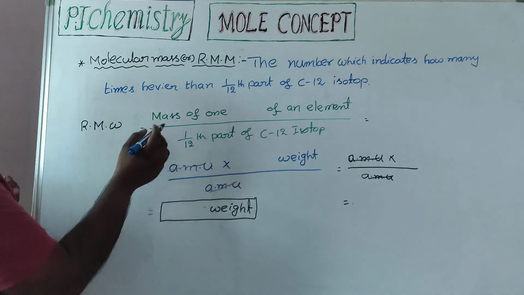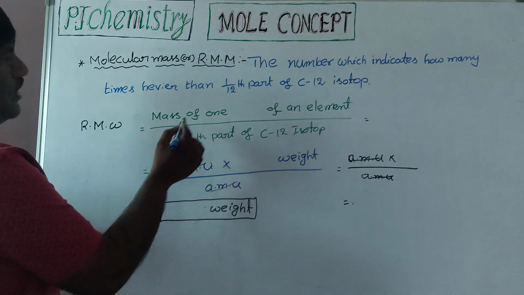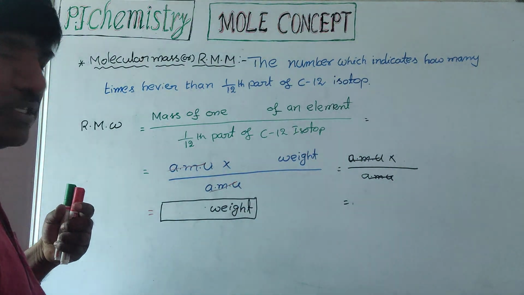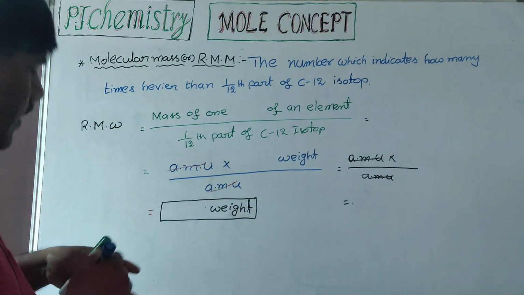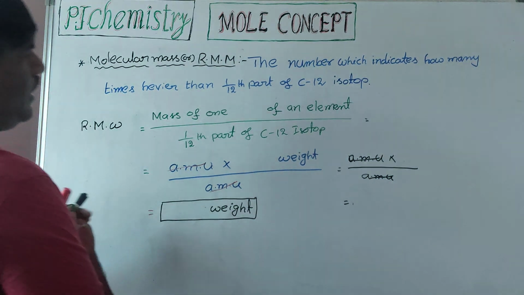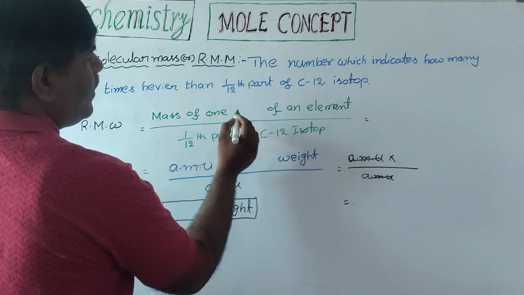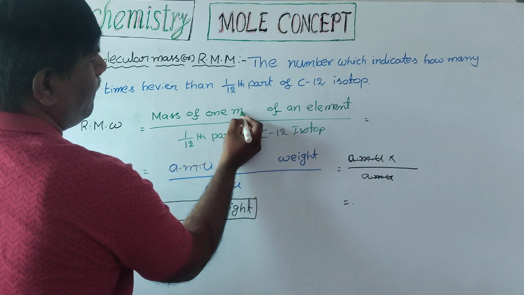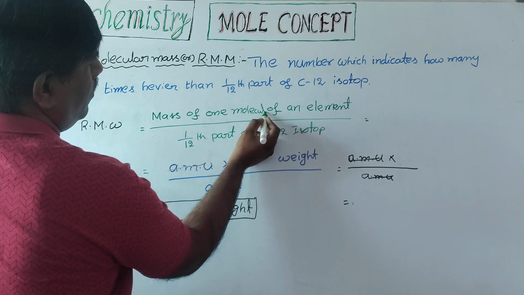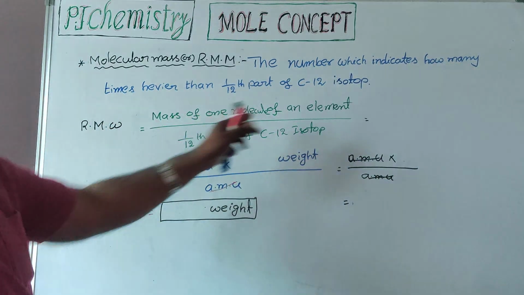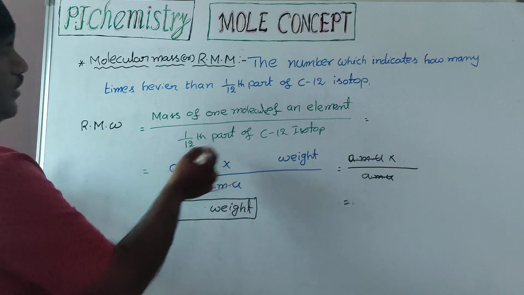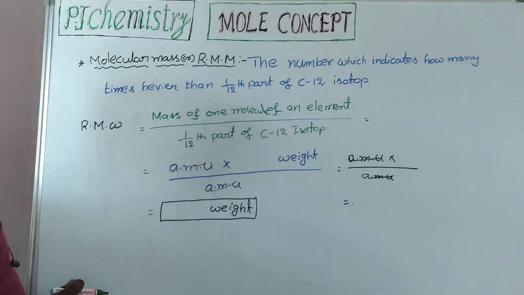Okay. Mass of an atom means mass of one atom of an element, as we discussed. Here it is molecular mass: we should mention the small change, mass of one molecule of an element, divided by 1/12th part of the C12 isotope.